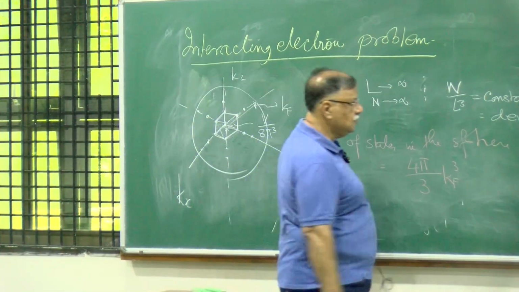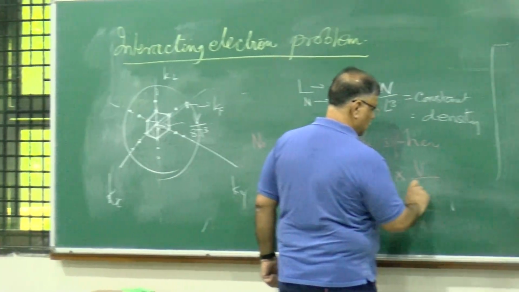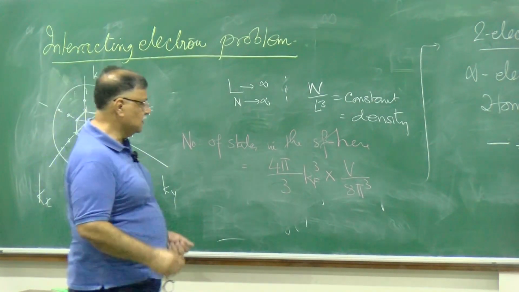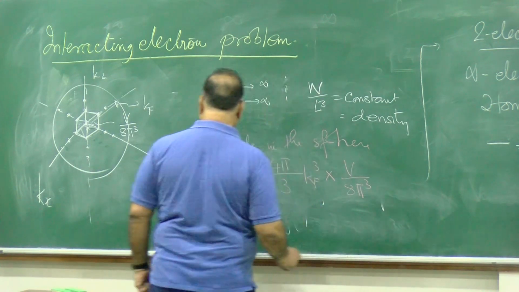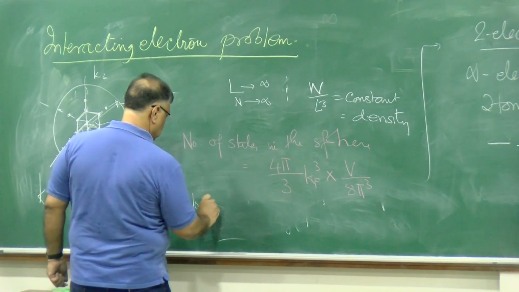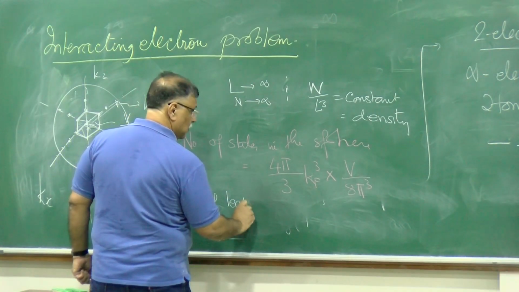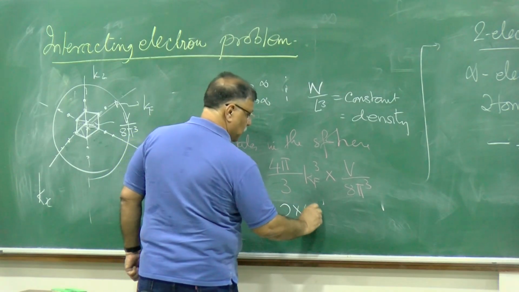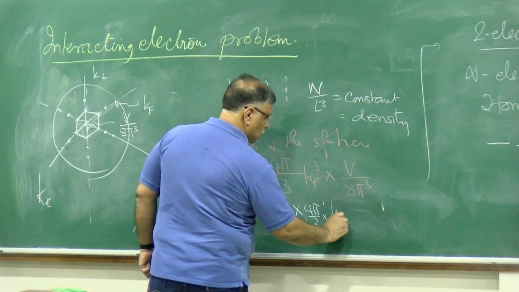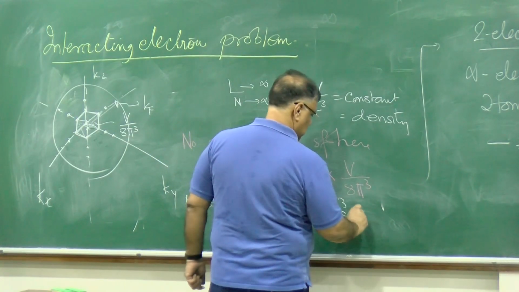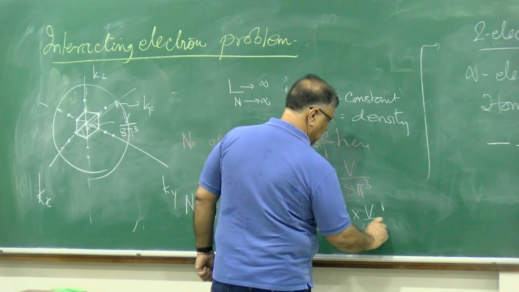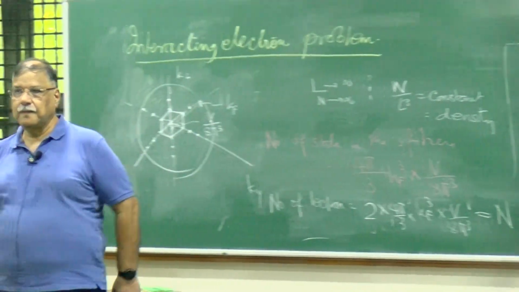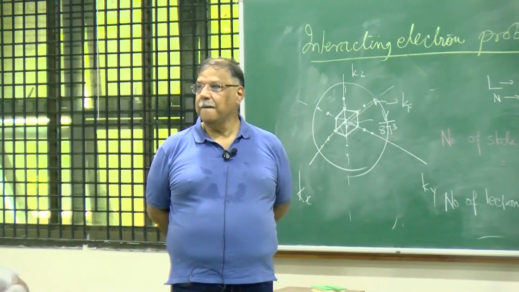In each volume, there is V over 8 pi cubed. So the number of electrons is going to be 2 times, this 2 comes from the spin, 4 pi by 3 kf cubed times V over 8 pi cubed, and that's n. Are you with me?